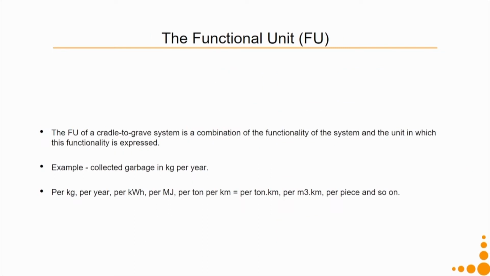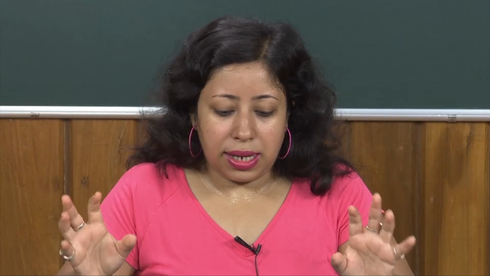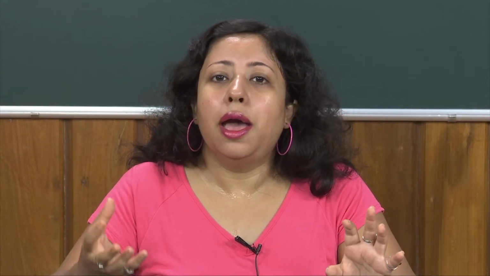So in a cradle to grave system, the functional unit is a combination of the functionality of the system, what the system is supposed to function as an output of the system, and the unit in which the functionality is expressed. For example, if the functionality of the system is to collect garbage, then the functionality is collected garbage, and the unit over here is in kg per year.